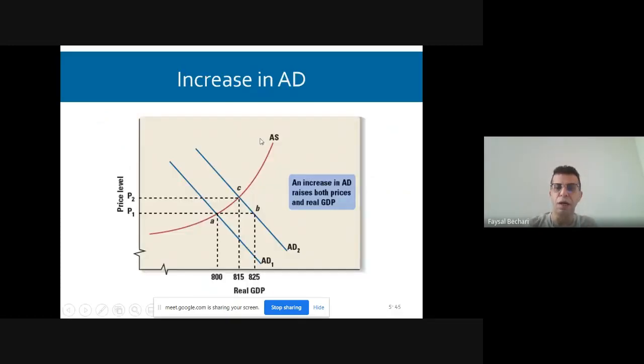So an increase in aggregate demand definitely raises the price and raises the real GDP, because when aggregate demand increases, there is more production happening to meet that demand, and it also increases prices.